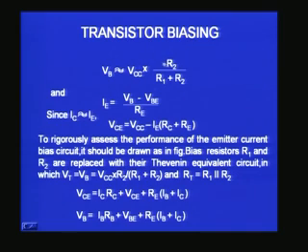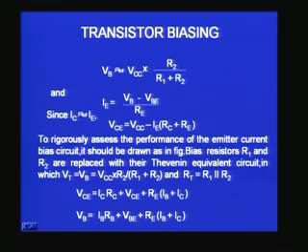We have seen this earlier, because VCC by R1 plus R2 gives the current through the two resistors, multiplied by R2 gives the voltage across R2 by simple Ohm's law. Therefore VB is nearly equal to VCC into R2 divided by R1 plus R2, and this is the value of VB. So now what happens to VE?